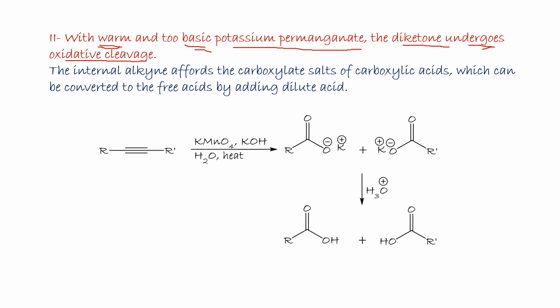So after the formation of C double bond O on here and C double bond O on this carbon, then this will break completely to form carboxylic acid, but under the presence of potassium hydroxide, this will be potassium salts. So we need to acidify or neutralize the medium to obtain carboxylic acid as a final product.